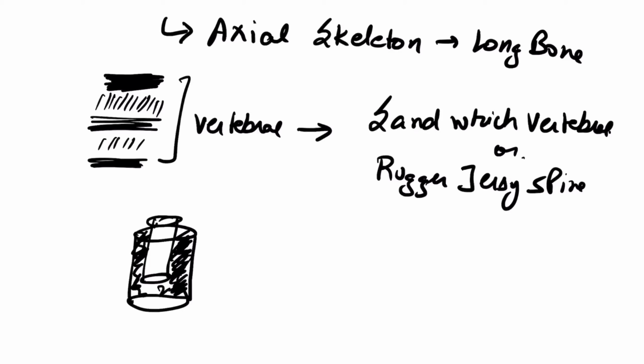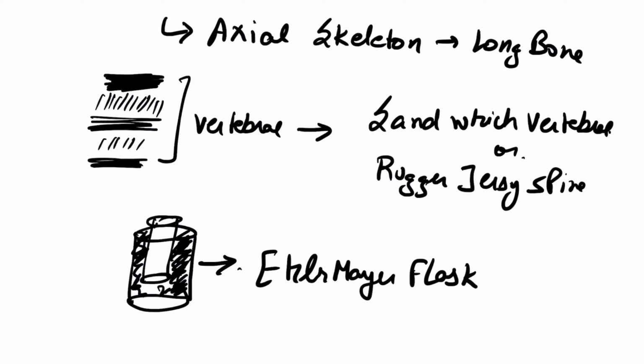It will give the appearance of bone in bone, and we call it Erlenmeyer flask. Now these are important features: Erlenmeyer flask, rugger jersey spine, sandwich vertebrae. These are striking radiographic features of osteopetrosis.